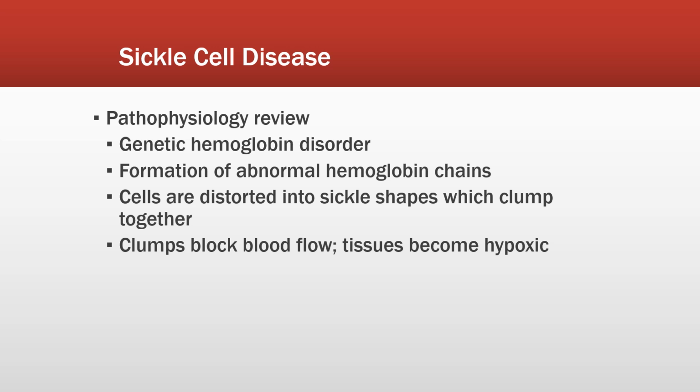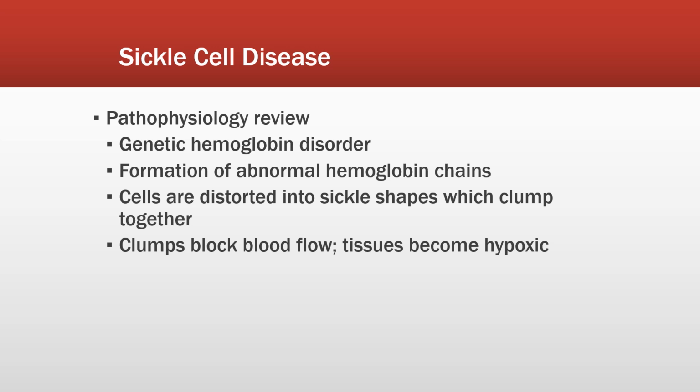So the pathophysiology of sickle cell, as I mentioned earlier, is a genetic hemoglobin disorder. What happens is that there is an issue with the shape and the function of the hemoglobin. There's an abnormal hemoglobin chain. So, formation of abnormal hemoglobin chains, cells are distorted.